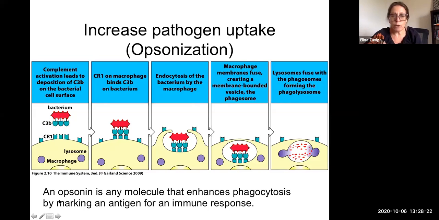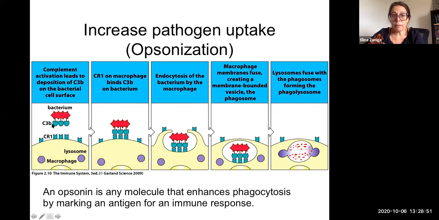An opsonin is any molecule that enhances phagocytosis by marking an antigen or a foreign presence for an immune response, okay? This is called an opsonin.